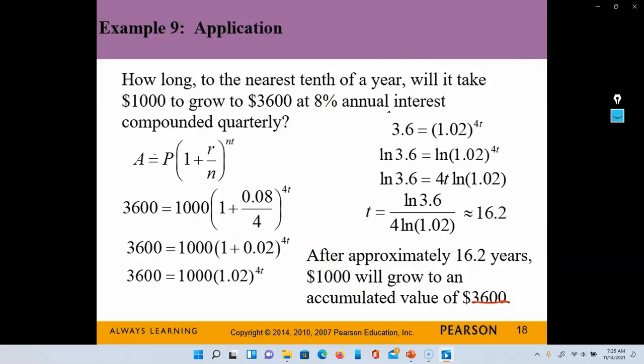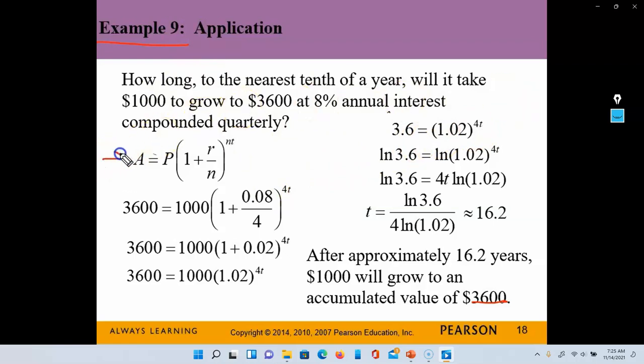And for our last example, we have an application problem. And we'll use, again, what they have here, because they do a nice job. I'll explain it item by item.